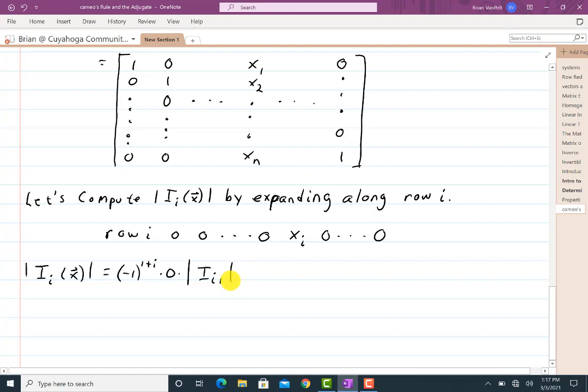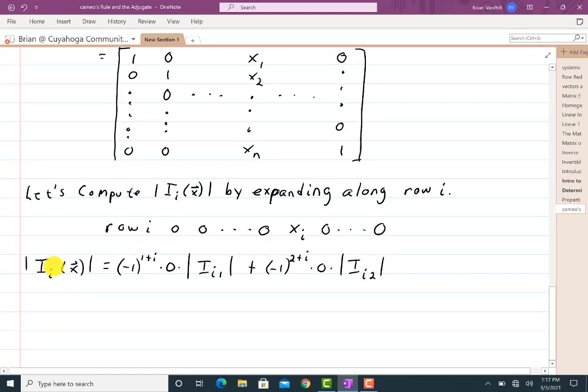Remember, that's where we delete row i and column 1. And then we move on, (-1)^(2+i) times 0 times I_{i2}, staying in row i but moving to the second column.